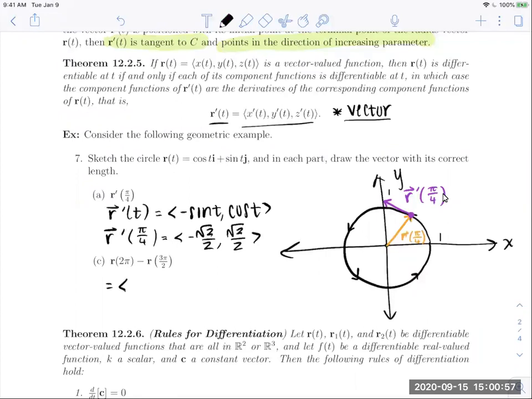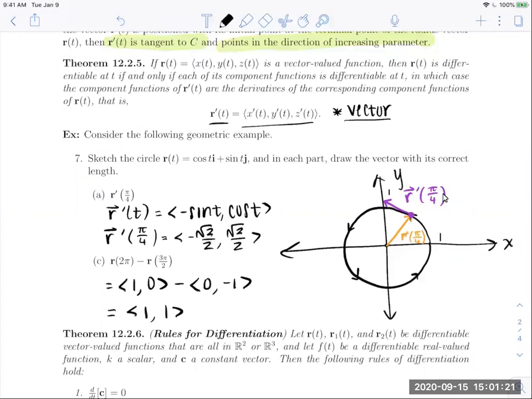So what is cosine of 2 pi? That's 1. And sine of 2 pi is 0. And then I want to subtract off r of 3 pi halves. So cosine of 3 pi halves is 0. Sine of 3 pi halves is negative 1. So when I subtract these vectors, I get a 1, and double negative makes a positive 1.